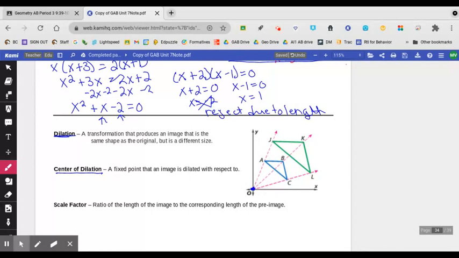So the scale factor is the ratio of the image to the corresponding length of the pre-image. The pre-image is our original. So it's always the new over the old, or the image over the pre-image.